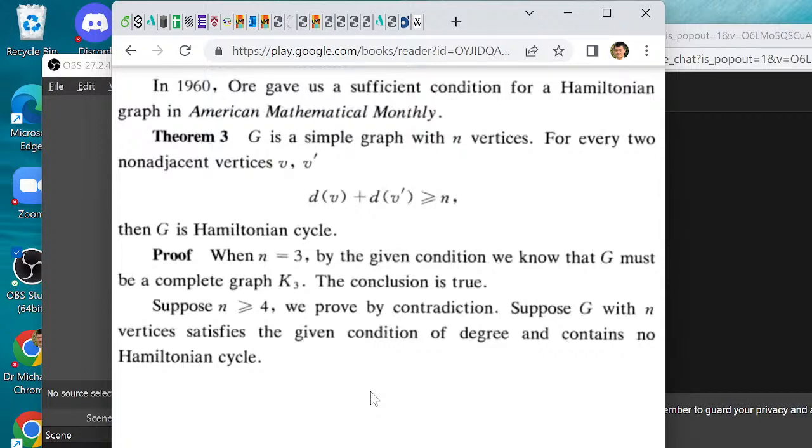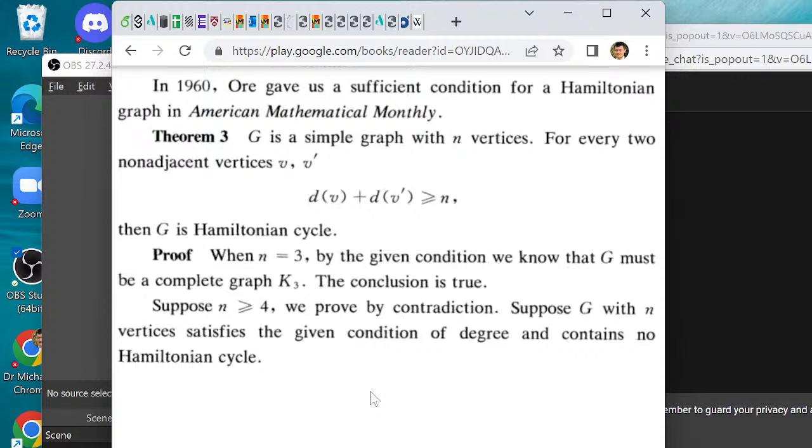So the adjacent ones can just be like degree 2 or something. Maybe that's the key difference here. So it's like a tree or something. Like a linear graph off to one end.